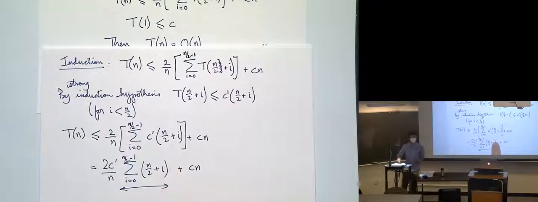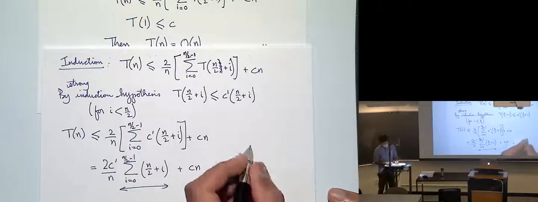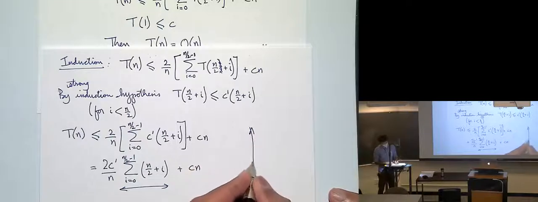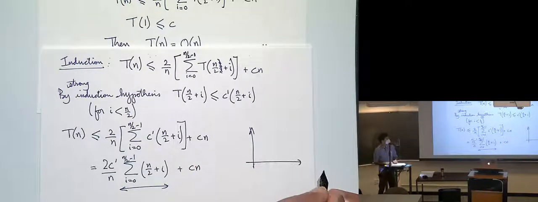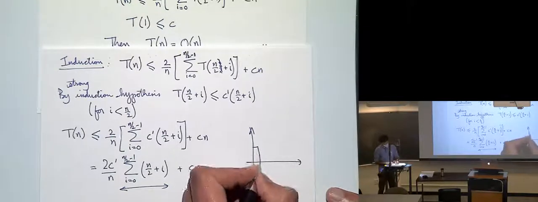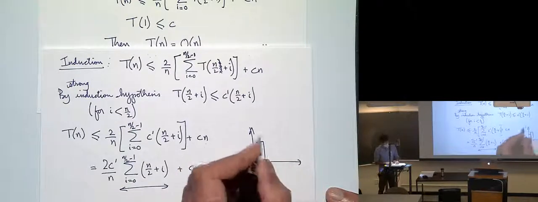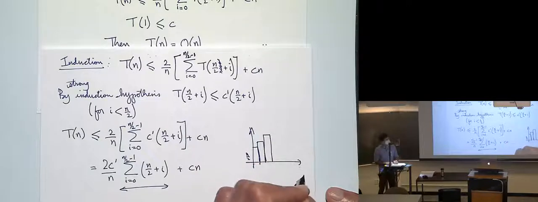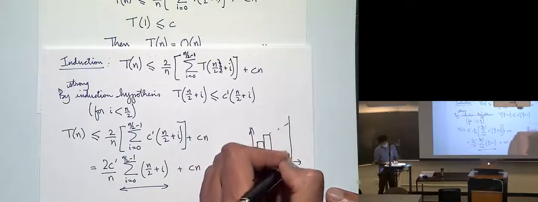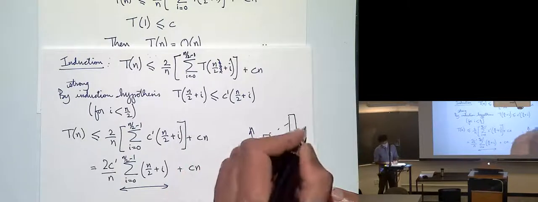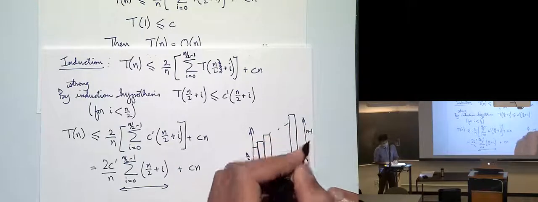You can solve this in any number of ways, right? If you want a picture, what are you summing? n/2, n/2 plus 1, n/2 plus 2, all the way up to n minus 1.